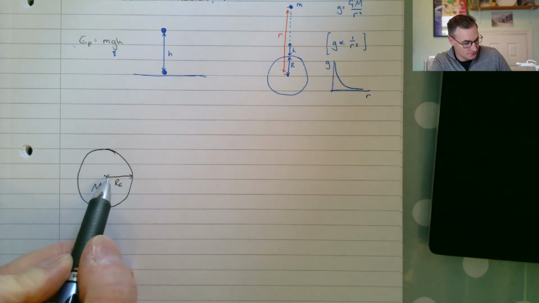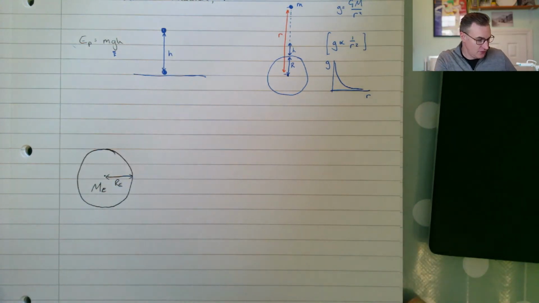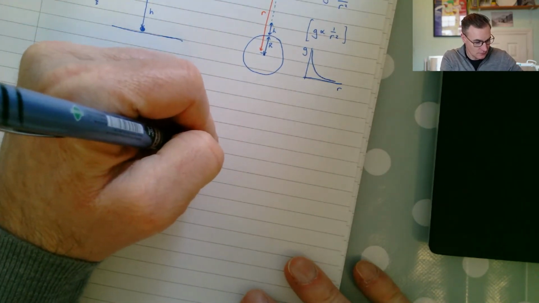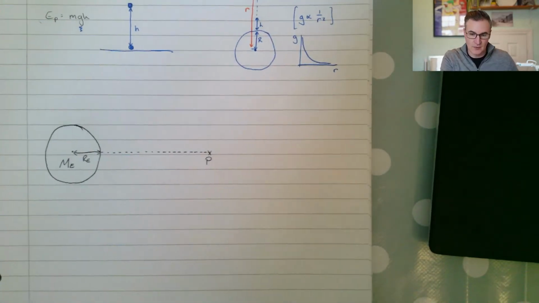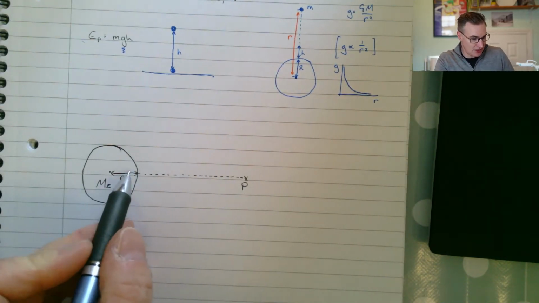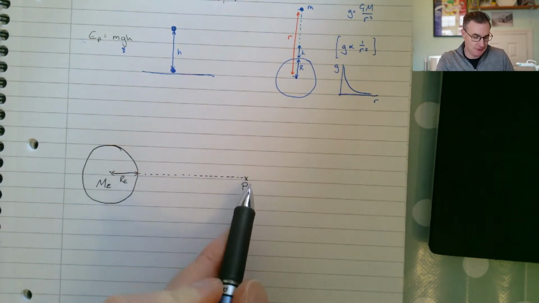Alright, now, if we take, let's just go, so we move an object out to point P in the gravitational field of Earth.